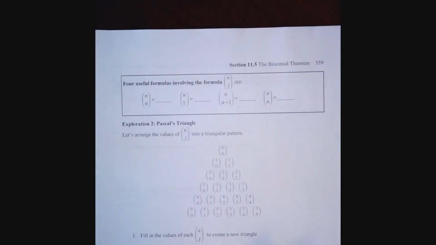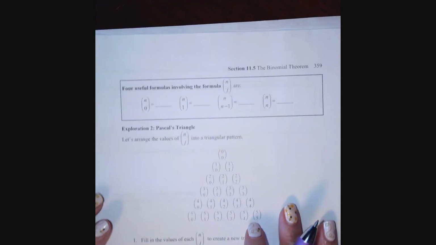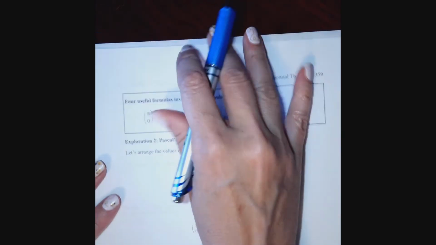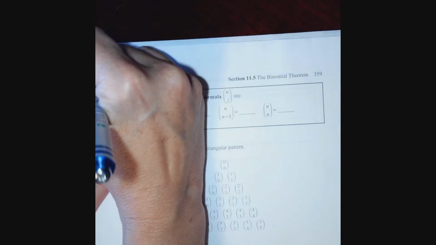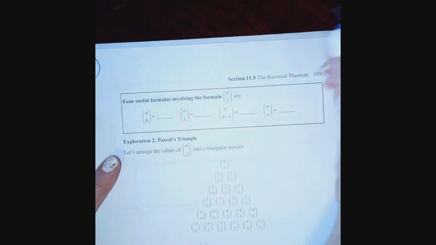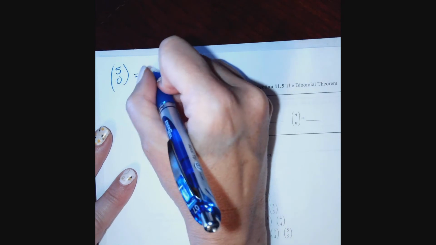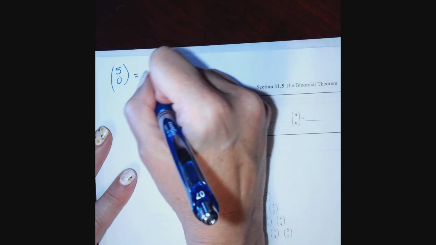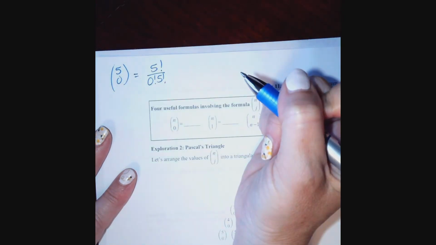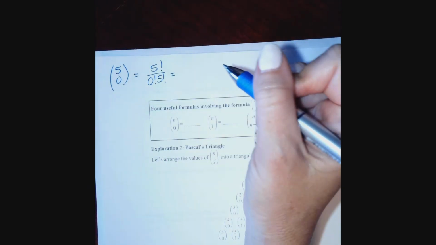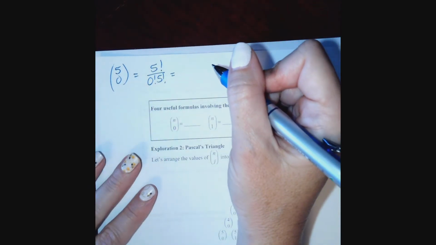Okay, before we get into this, I want to do a quick little pattern here, pay attention to this kind of thing. Let me fix my light so we don't have a glare. Alright, let's do 5 choose 0 all the way down to 5 choose 5. So we're going to start at 5 choose 0. 5 choose 0 would be 5 factorial over 0 factorial 5 factorial. Hopefully you remember that 0 factorial is defined as 1.